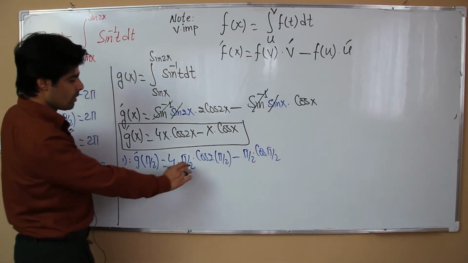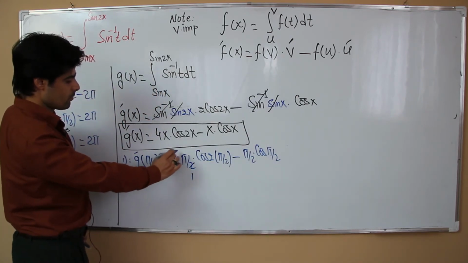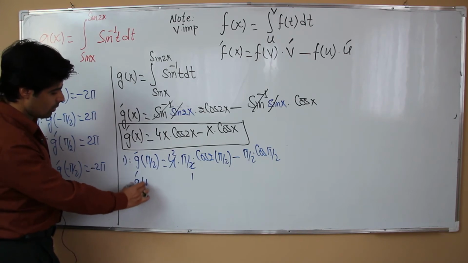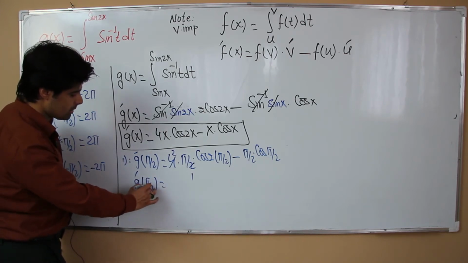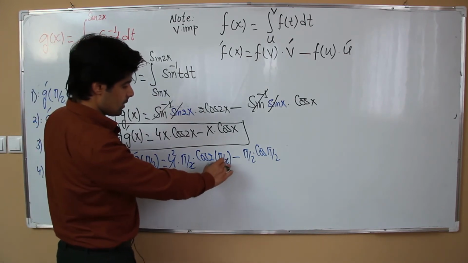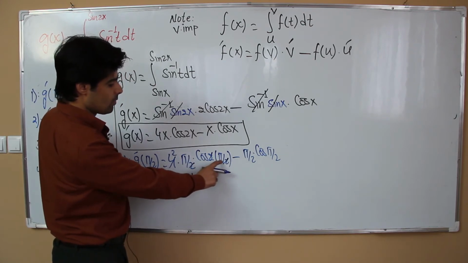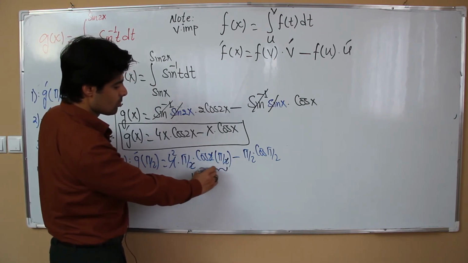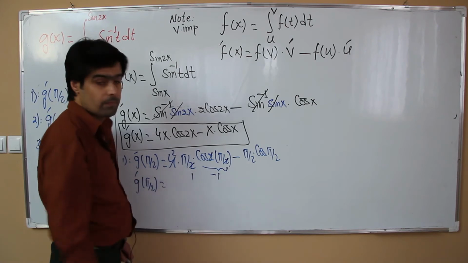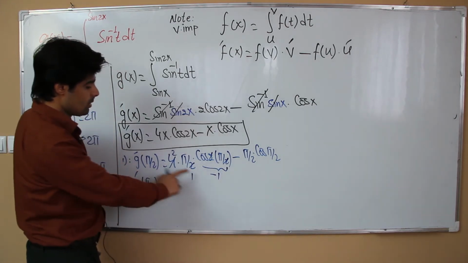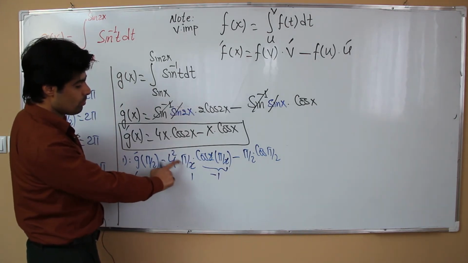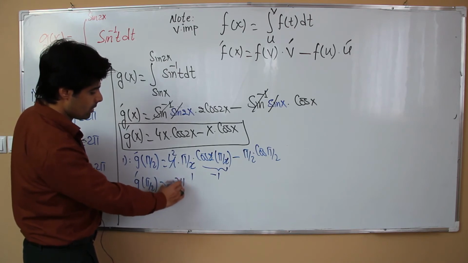Now, we can cancel this one. And g dash of pi divided by 2 is, you can cancel this one. Now we have cosine of pi. What's cosine of pi? It's minus 1. Minus 1 times 2 pi, it's minus 2 pi.